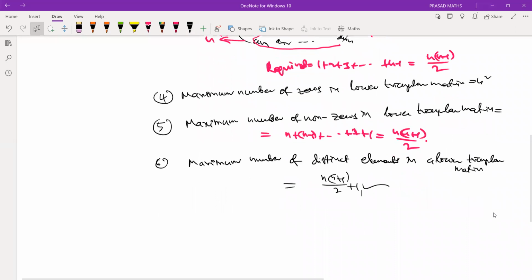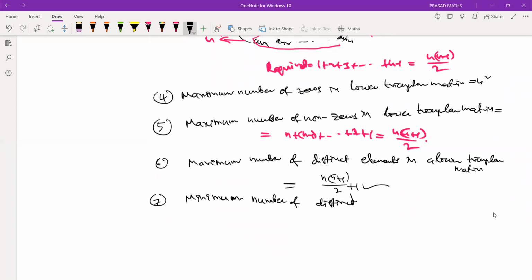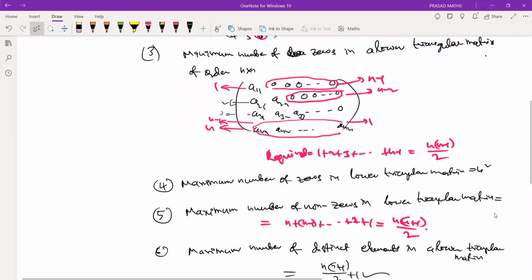Now tell me the minimum number of distinct elements. Only 1. The minimum number of distinct elements in a lower triangular matrix is only 1, because all the entries could be 0.